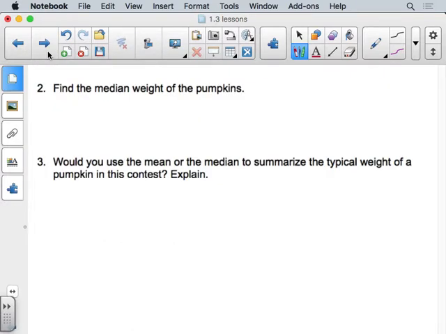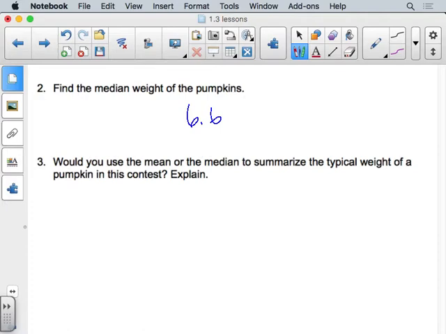The median is like 6.6. So put them all in order from least to greatest and scratch off until the middle, right in the middle. And then number 3, would you use mean or median to summarize, and why?